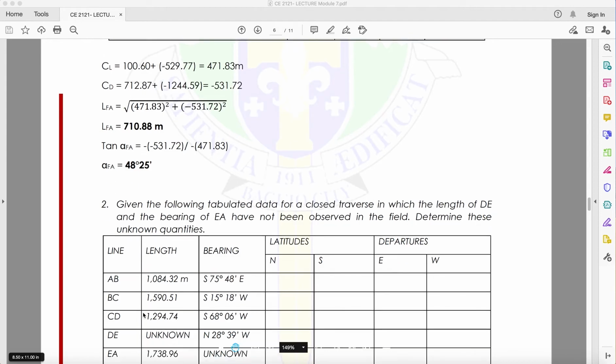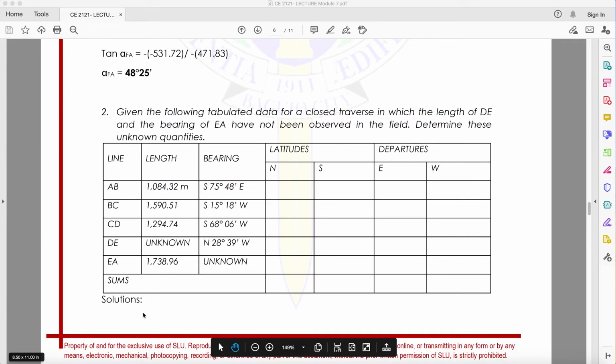Okay, number 2. Given the following tabulated data for a closed traverse in which the length DE and the bearing EA have not been observed in the field, determine these unknown quantities. For this traverse, the unknown is the length of line DE and the bearing of EA.